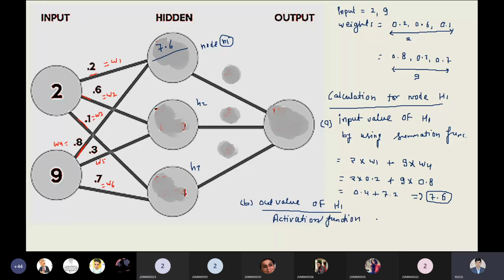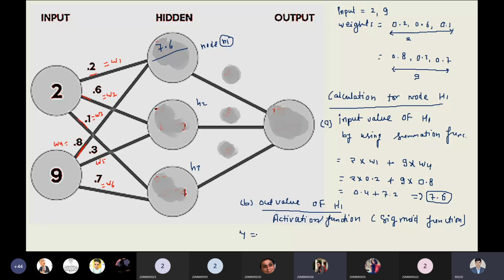Yes, sir. So what function will we use? As at the initial level in logistic regression, we have seen the sigmoid function. Just use a sigmoid function. And what is the formula? 1 by 1 plus e power minus x.